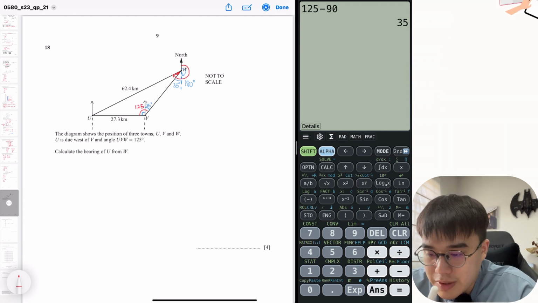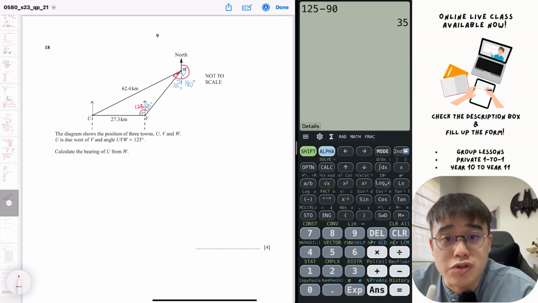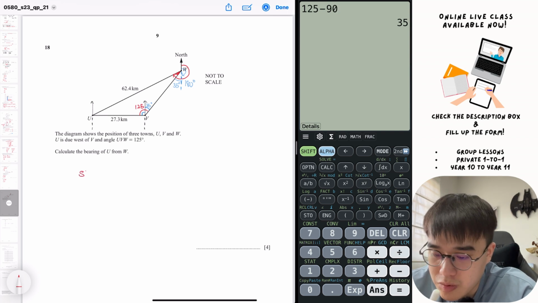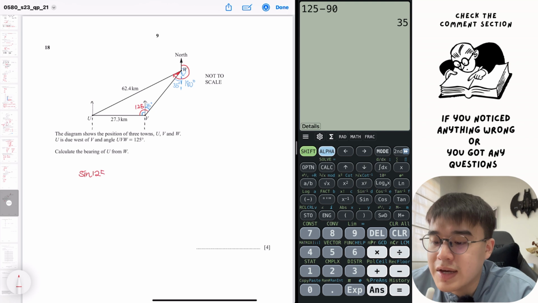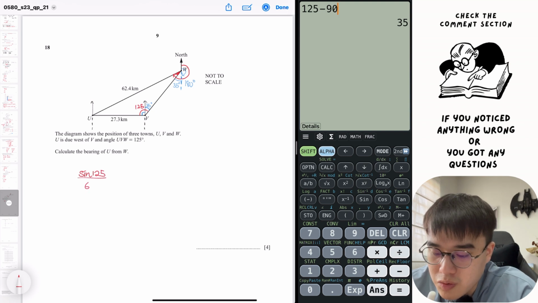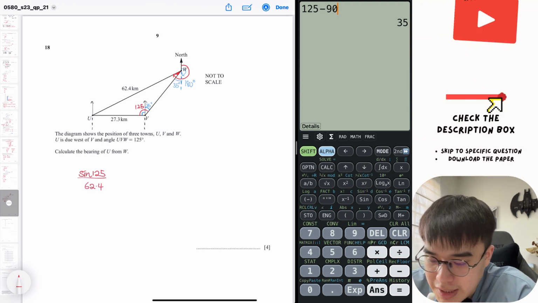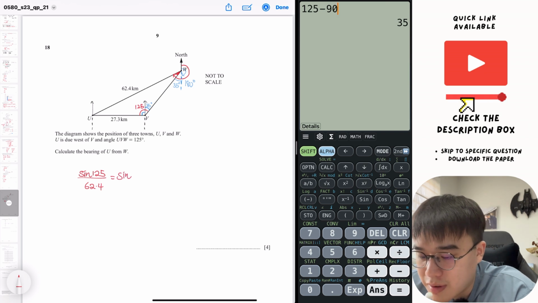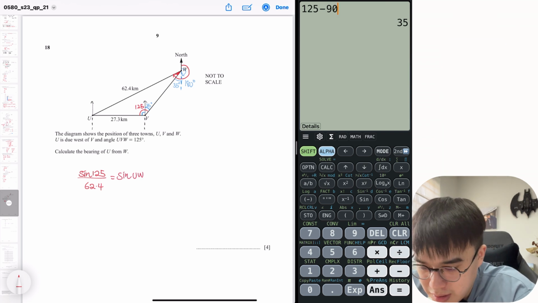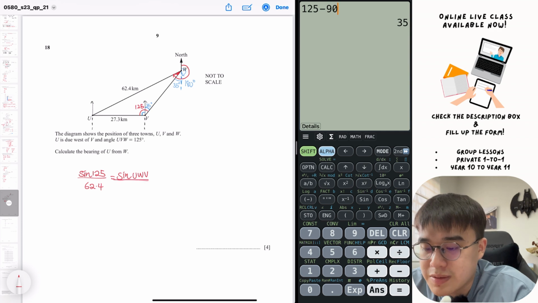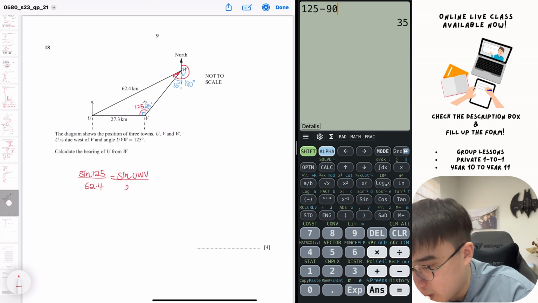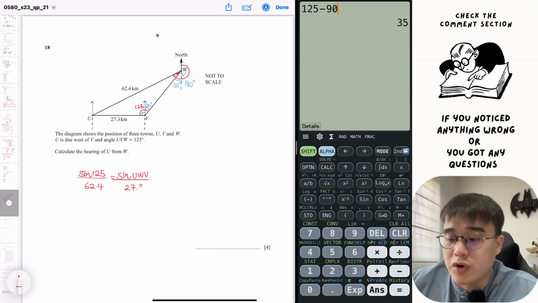So we do have 125 here, and since it's a triangle, I'll be able to use sine rule where sine 125 is corresponding to 62.4, while on the other side, if I were to find the angle of UWV, which is the angle that's missing here, I'm able to equate it to 27.3.